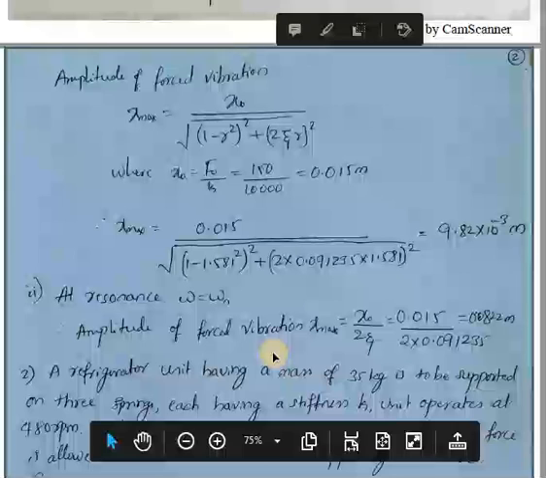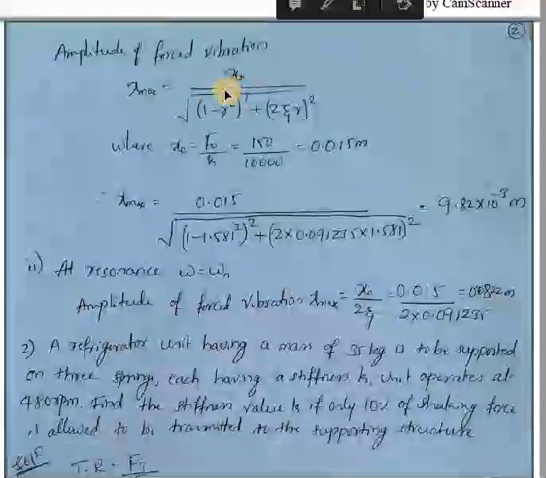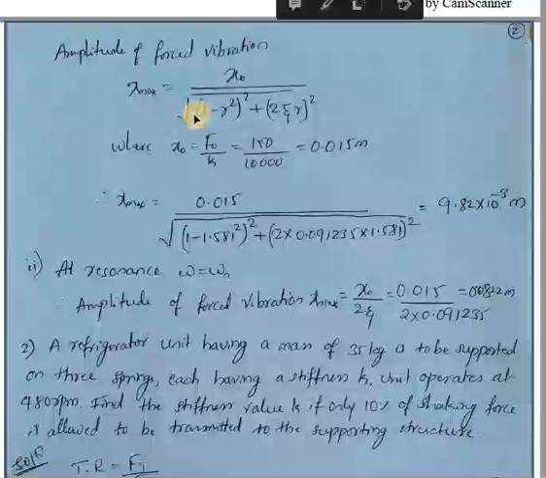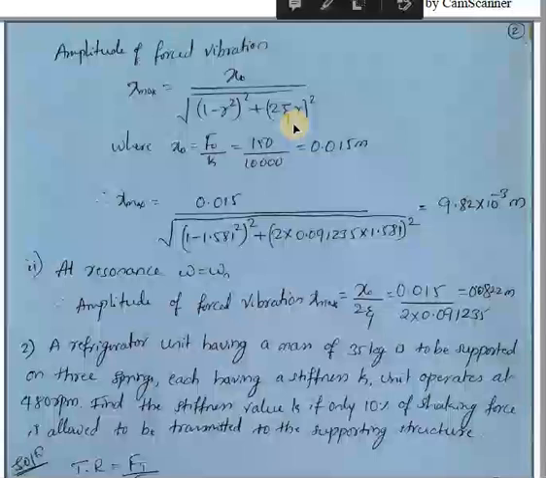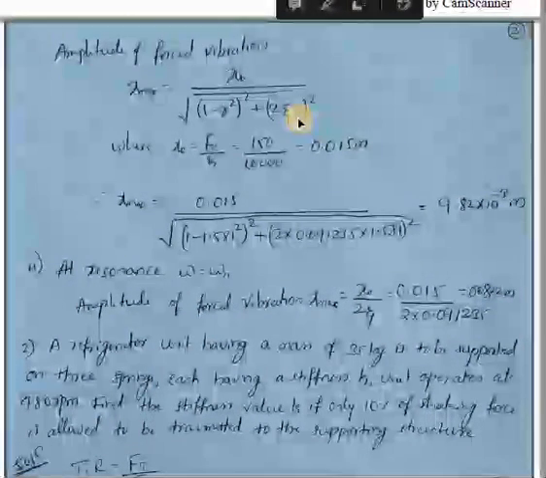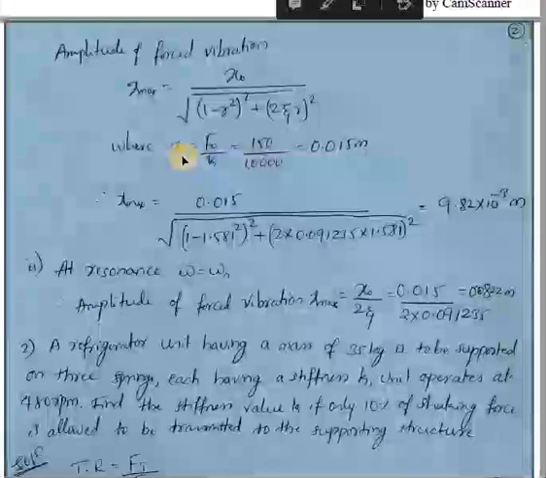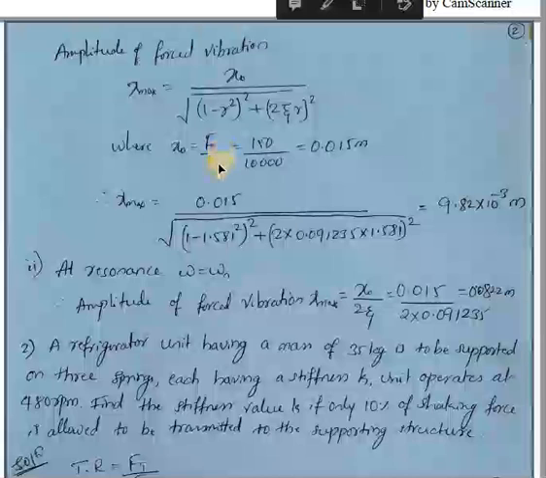the amplitude of forced vibration, that is x max, is given by x naught divided by root of (1 minus r square) whole square plus (2 zeta r) whole square, where r is omega by omega n, and where x naught is the zero frequency displacement, which is given by F naught by k.